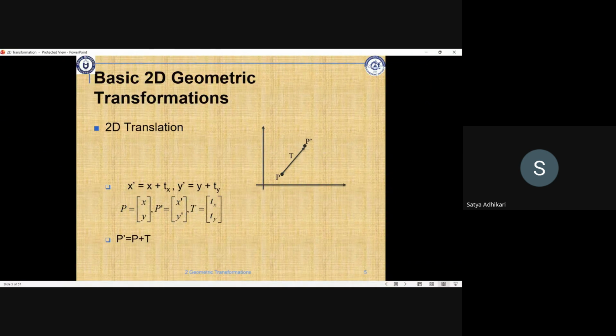Finally, you can write P dash equal to P plus T. So you will get P dash if we add P plus T, that is x dash equal to x plus Tx and y dash equal to y plus Ty.